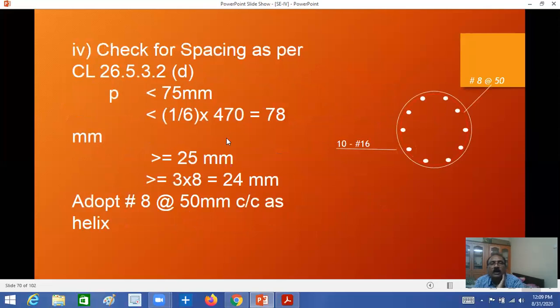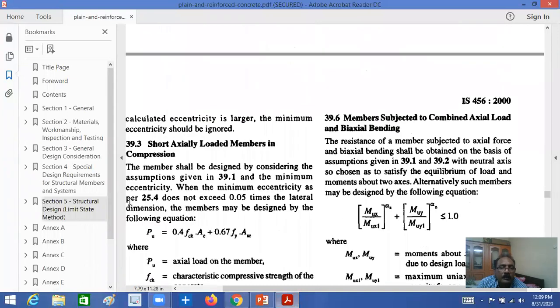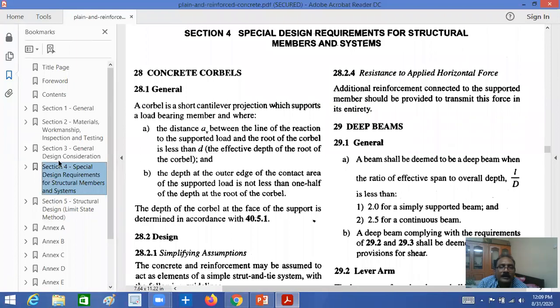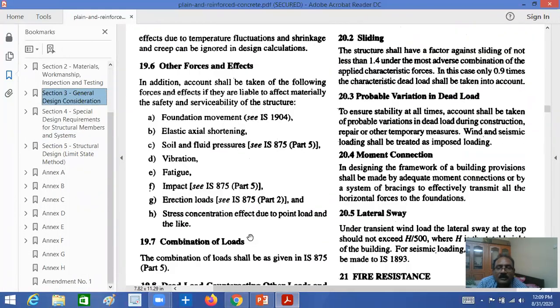It should be according to the conditions as per IS 456, clause 26.5.3.2. Here if you see, 26.5.3, here 26, design consideration section. You have to check this one.